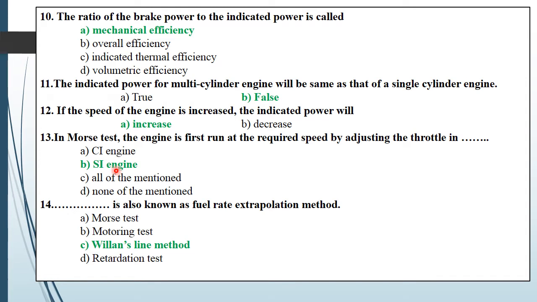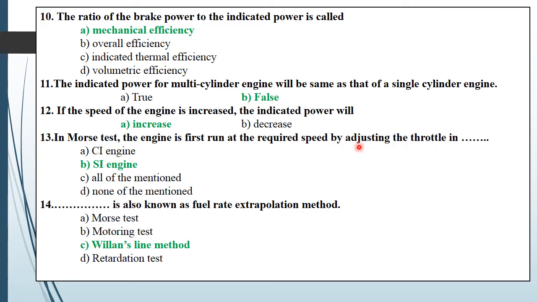As we know, when performing the Morse test, the engine is first run at the required speed by adjusting the throttle in an SI engine, whereas the pump rack is adjusted in the case of a CI engine. But here the answer is SI engine.